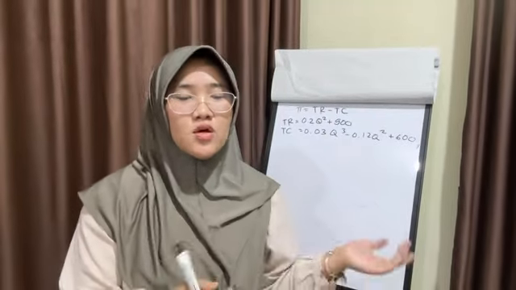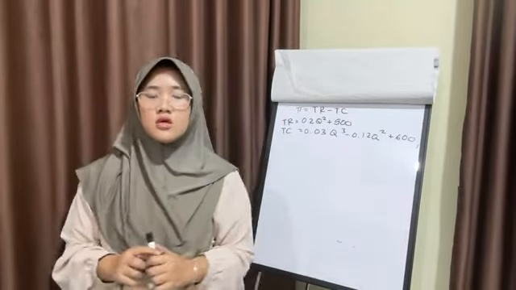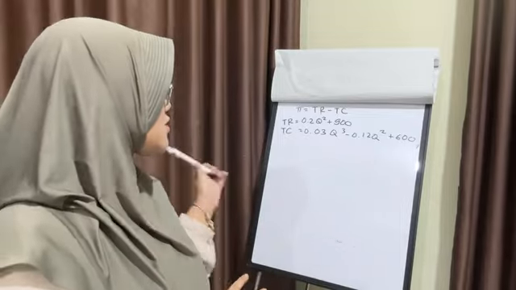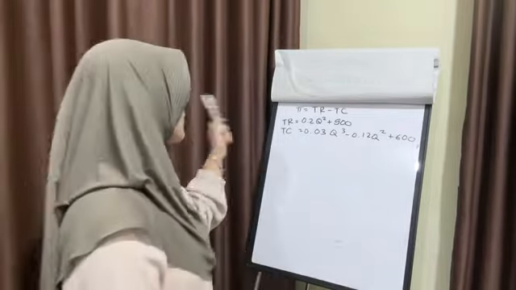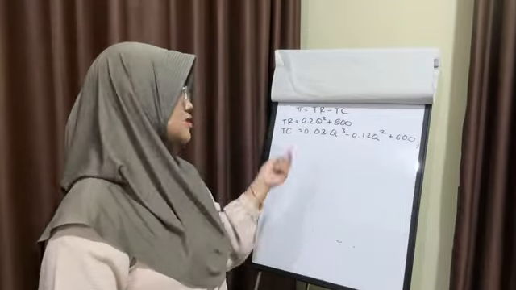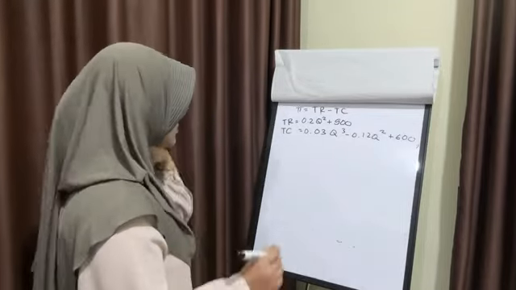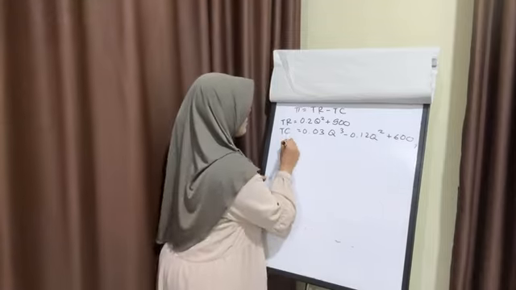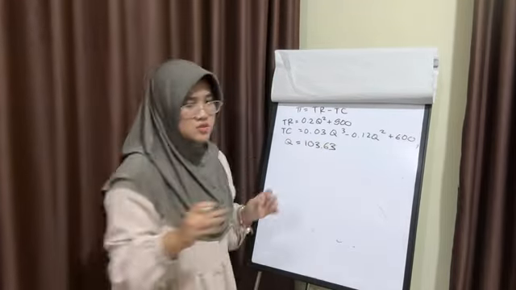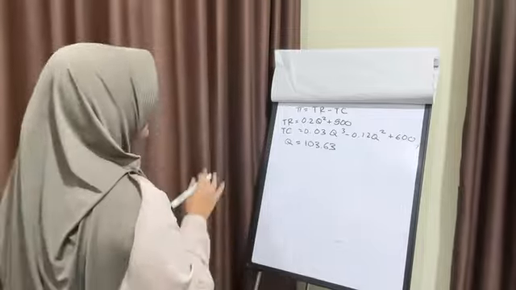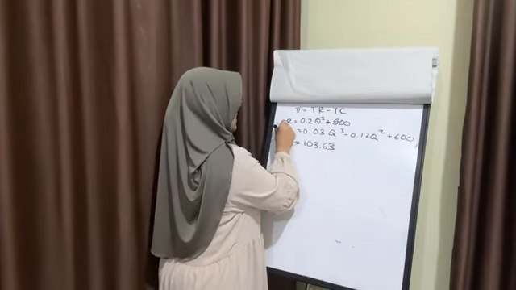Now for the next part, we are told to find the maximized profit from the total revenue and total cost. The equation of profit is TR minus TC, and I'm writing down all the equations. And remember that we got the Q here, 103.63, if I'm not wrong, yes. So we're going to substitute the Q into the TR.